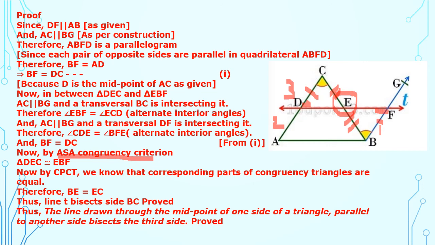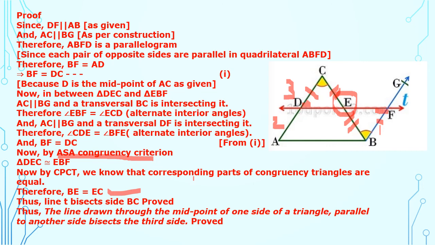Therefore, this line T bisects side BC, and therefore EB, or if you write simply this much, therefore EB is equal to EC, then also it will be enough.